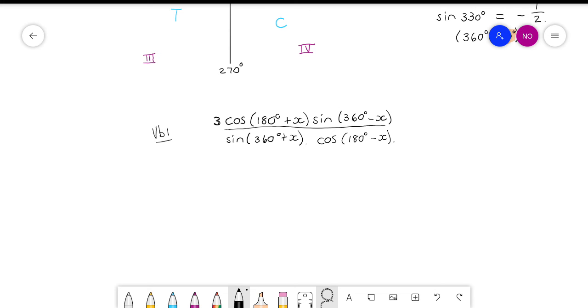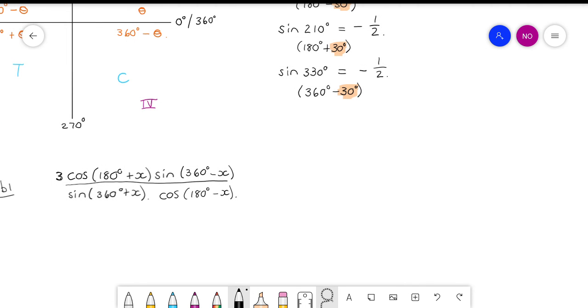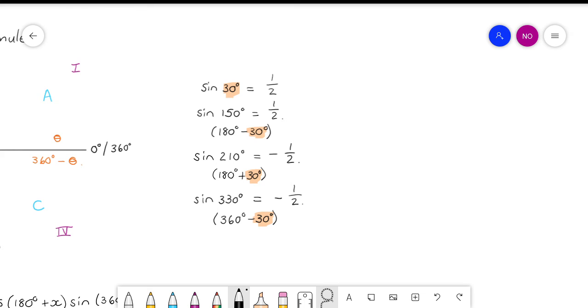Okay, so jumping back to these halves we have here. Do you agree that this one has the same value as sine of 30 degrees? And this one has the same value as negative sine of 30 degrees.